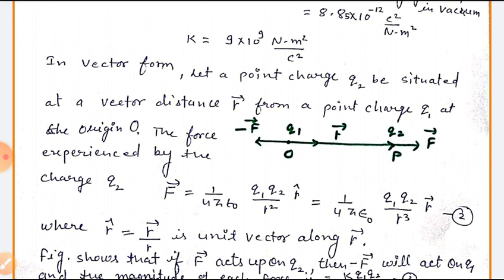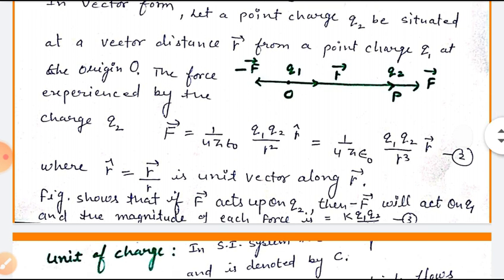From the figure you can see that O is the origin where point charge q1 is situated. At point P, point charge q2 is situated and the position vector from O to P is r. The force experienced by q2 due to q1 is F and the force experienced by q1 due to q2 is minus F. If F acts on q2 then minus F will act on q1 and the magnitude of each force is k q1 q2 upon r square.